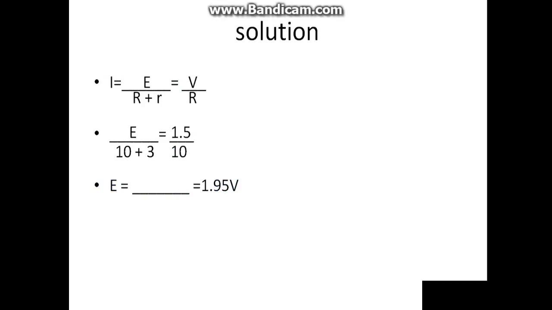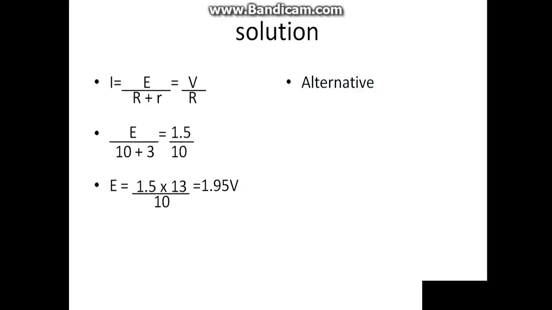Capital I is equal to capital E all over big R plus small r, which is equal to capital V over capital R. Electromotive force capital E all over 10 plus 3 is equal to 1.5 all over 10. Therefore, capital E is equal to 1.5 times 13 all over 10, which gives us 1.95 volts.